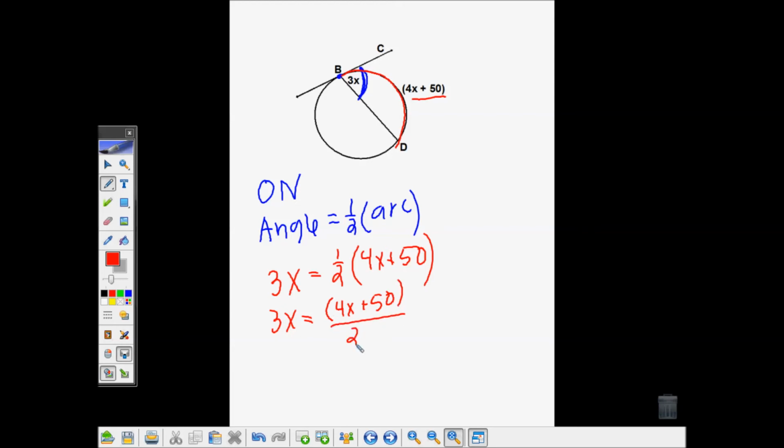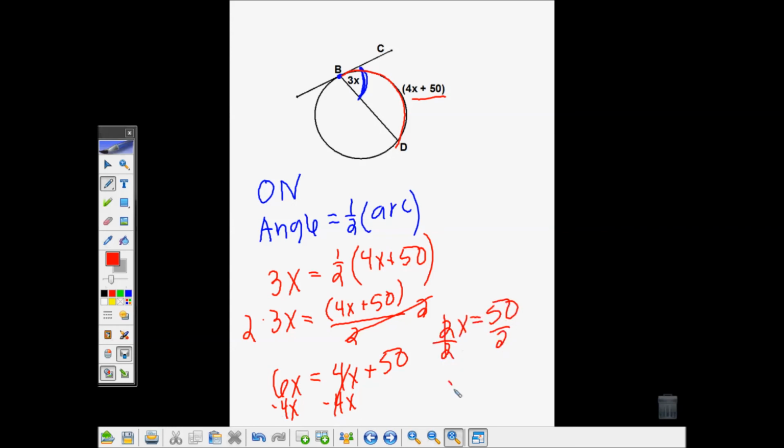I need to get rid of the 2, so I'm going to multiply both sides by 2. We end up with 6x equals 4x plus 50. We're going to subtract 4x from both sides. We end up with 2x equals 50. Divide by 2. And we see that x equals 25.